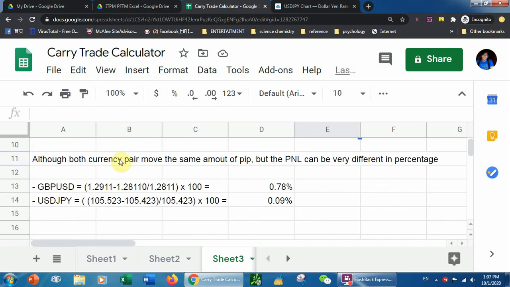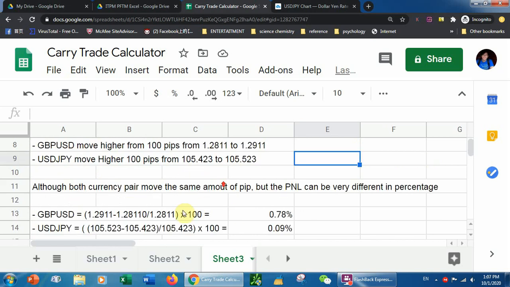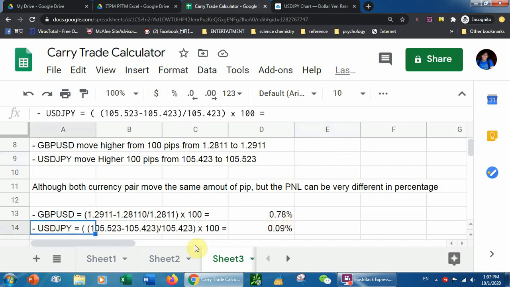So look at the formula here. This is the pound US dollar. Once you do the calculation and multiply by 100 to get the percentage, you will find that the pound US dollar has moved higher by 0.78%, while the US dollar yen only moved higher by 0.09%.